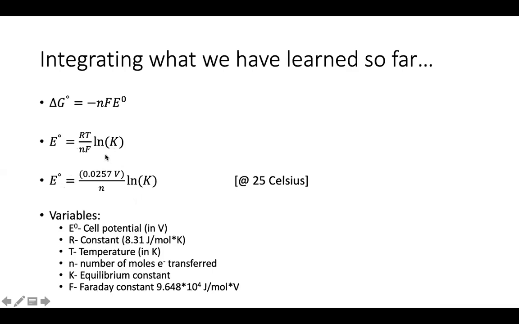Okay, the only difference is I multiply R times T and divide by that constant F to get this 0.0257 volts value. Now, something really important to note is you can only use this third equation when you're at 25 degrees Celsius, because that's the temperature they use. Well, they technically use 298 Kelvin, but they're the same temperature.